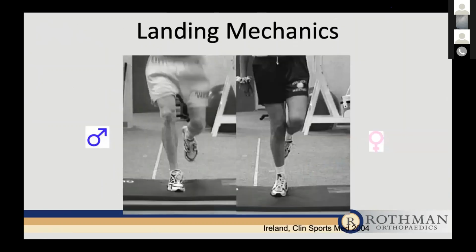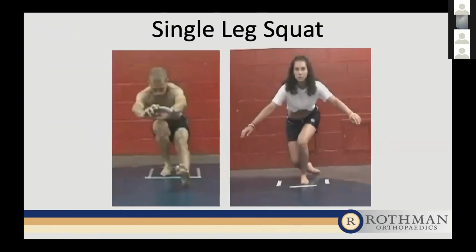And when you do ACL injury prevention programs, which are extremely effective, you can take a patient from looking like the woman on the right, who looks like she's landing with a very stiff leg. She's not bending her hip or her knee a lot. Her knee is rotating inward. All of those are things that you can actually improve with good training.